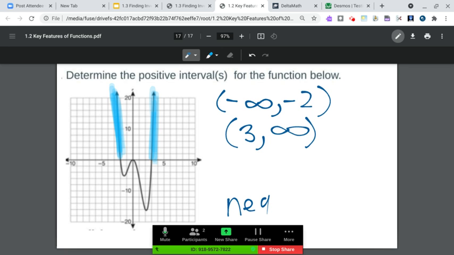Perfect. So I'm just going to write down here the negative interval is from -2 to 3 because that lies below. So the concept of positive versus negative, positive has to lie where? Above the x-axis. And negative has to lie below. You got it. Okay, I'm going to stop us. Perfect timing.